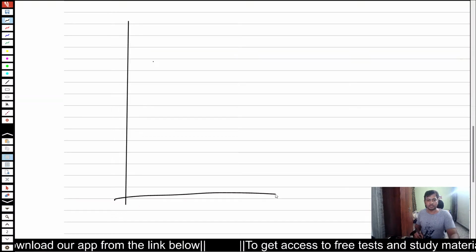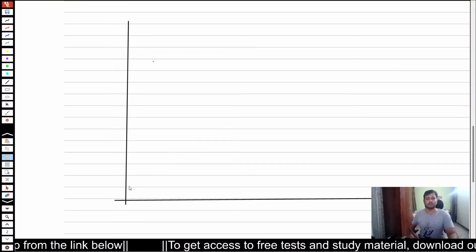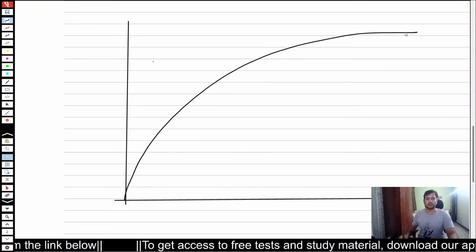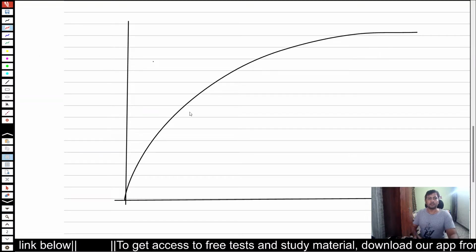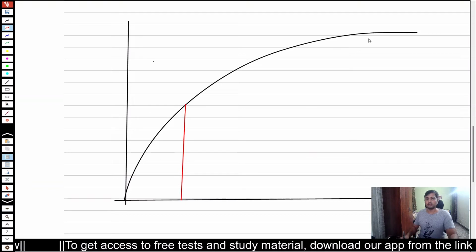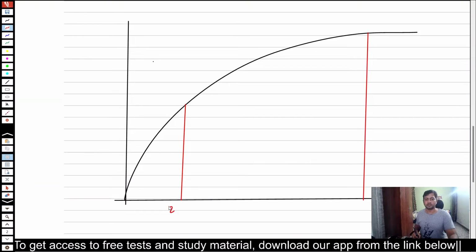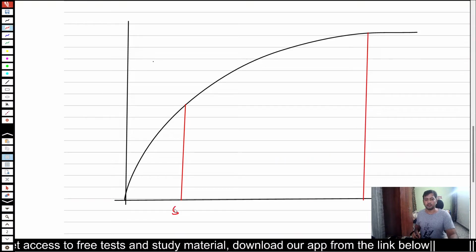So if I draw a bigger graph here and show you how much impact it will have. Let's say I make this a little more concave. This is your utility from wealth curve. These are the things under scheme B. So this is 5 units of wealth.